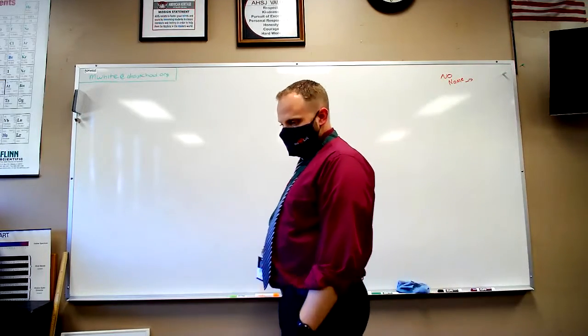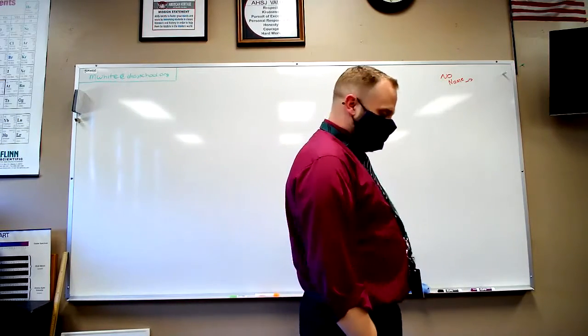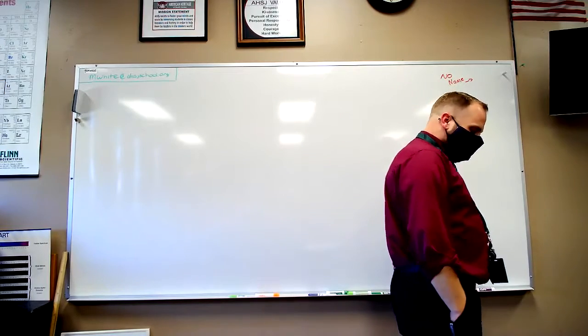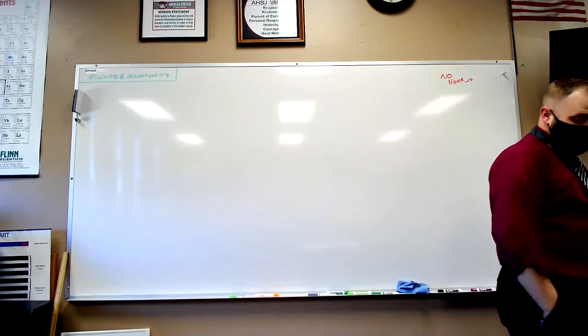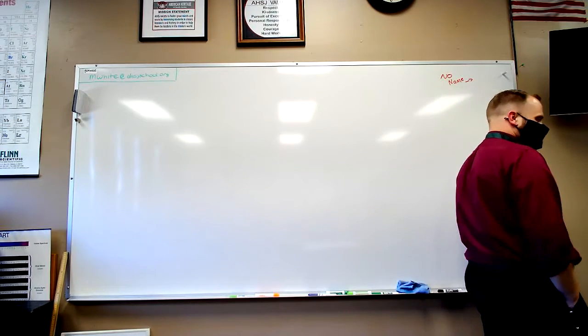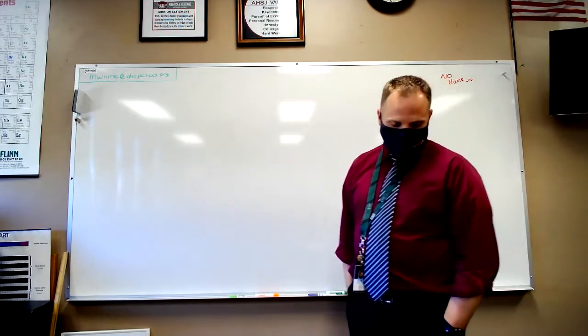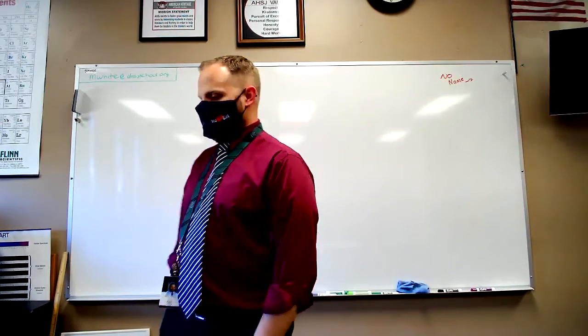So there are several different types of batteries, and we're going to talk about a bunch of them. But when we talk about them, one thing that you will notice is we will call them cells quite a bit.